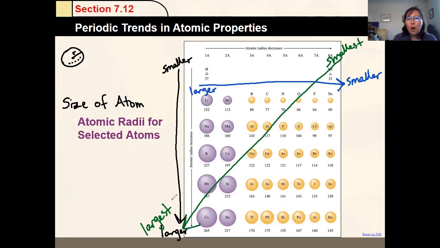So you won't always see the same trend mirroring it for atomic radius. Sometimes you'll see a mirror image trend from ionization energy to atomic radius, unless you're dealing with exceptions, and then you will not see that mirror trend, okay?